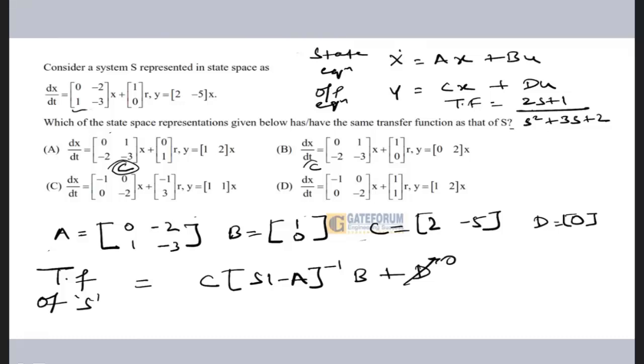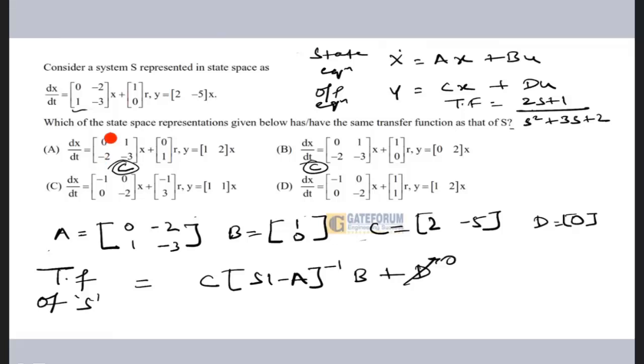If the system is controllable, then the system matrix coefficients will be the coefficients of the denominator polynomial, or the characteristic polynomial of the transfer function, and this C part will be the coefficients of the numerator polynomial. But we have to write this without sign change and this with sign change.